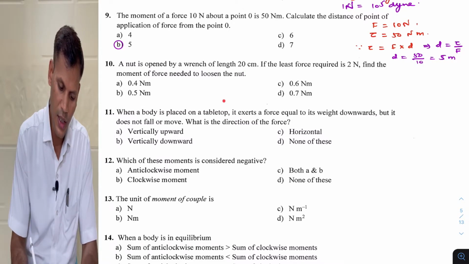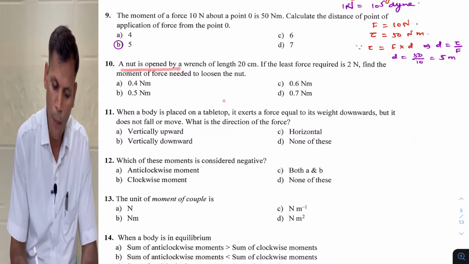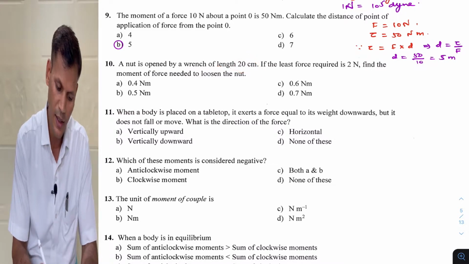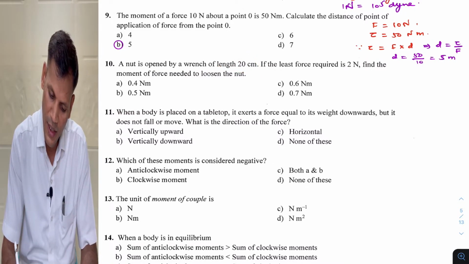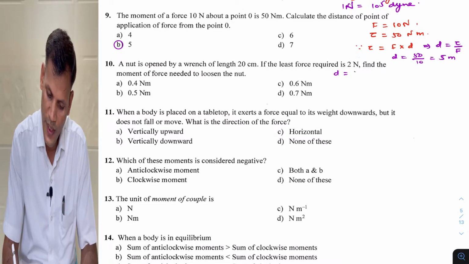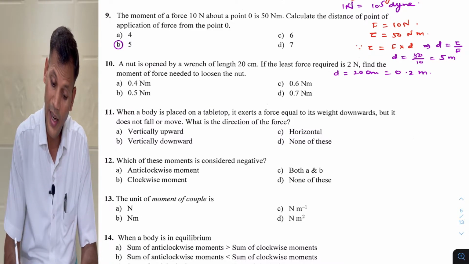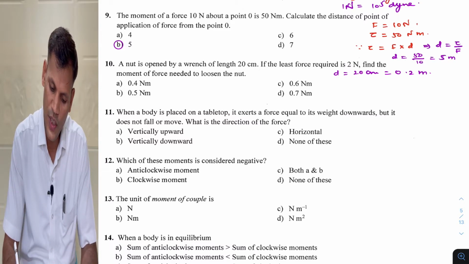Next question, a nut is opened by a wrench of length 20 centimeter. So the wrench length can be considered as D, distance 20 centimeter, which is 0.2 meter, right? And the least force is given, F is 2 Newton.